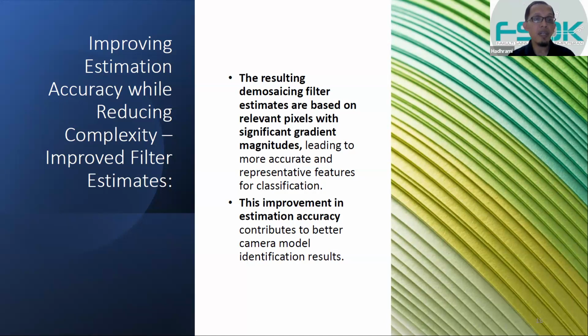So we are just producing the filter estimates based on the relevant pixels with significant gradient magnitudes, quite similar to the previous one. We just focus on the large gradient magnitudes. By doing this method, we can improve the estimation accuracy and contribute to better camera model identification results.